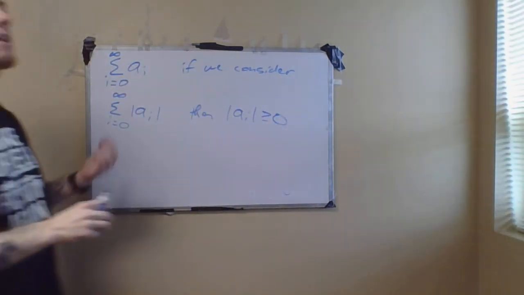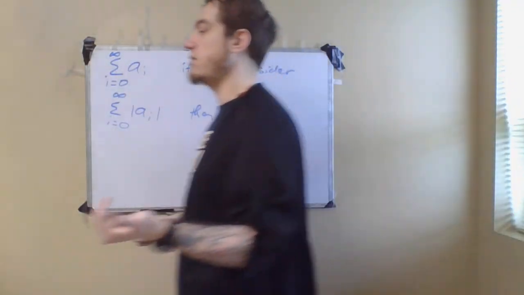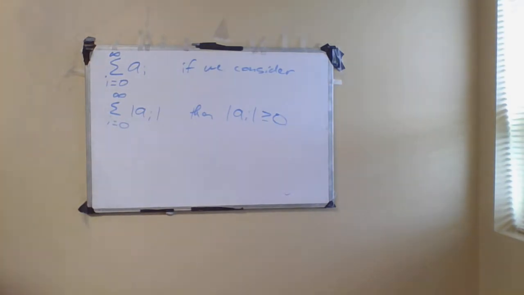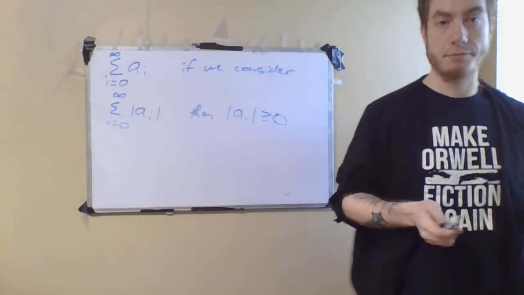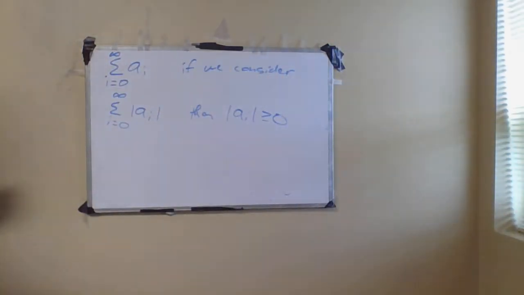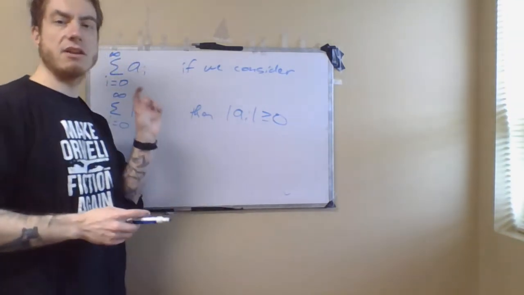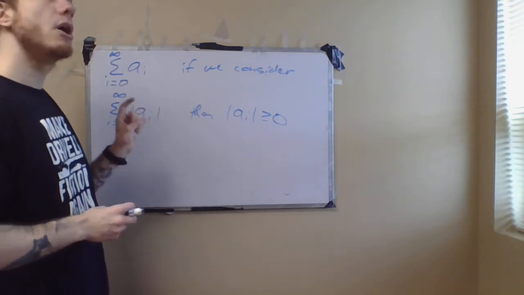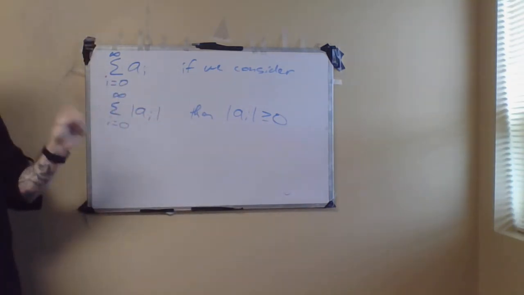The reason it matters is because think about something like the comparison test. I said the comparison test only works if you're dealing with a series whose terms are all bigger than or equal to 0. And it turns out that there are a bunch of other tests that we will see that either only apply when the series involves only positive terms, or that only test for absolute convergence.